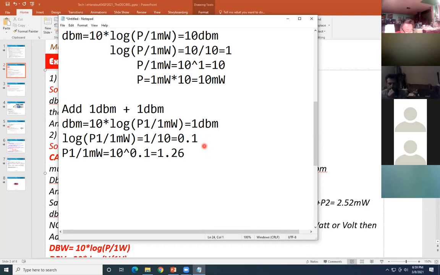So I want P1. What equals? 1 milliwatt times 1.26, right? Yes. Okay, so basically P1 will be equal to 1.26 milliwatt.